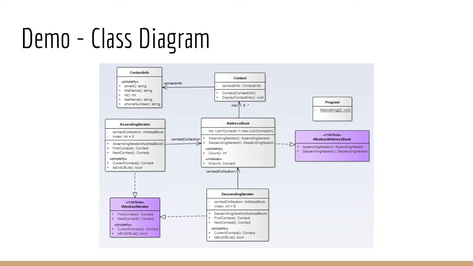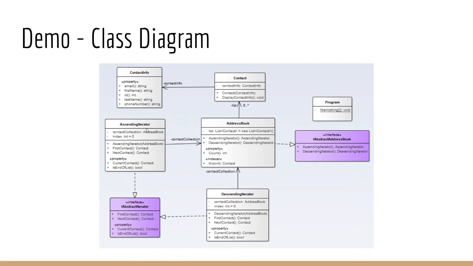This is the class diagram of the demo. You have the address book, you have the contact, you have the contact info. The contact info is just a model that contains properties for the contact. You have an aggregate right here. You have the concrete iterator.